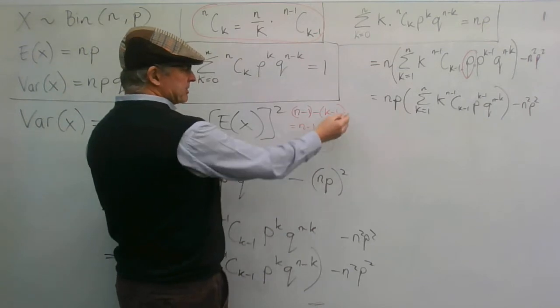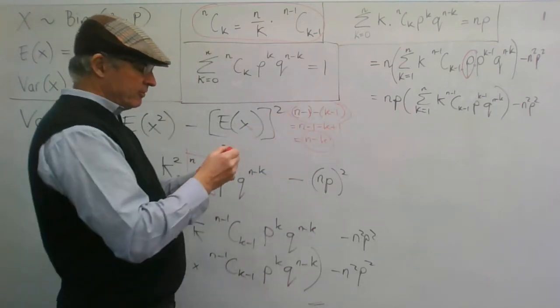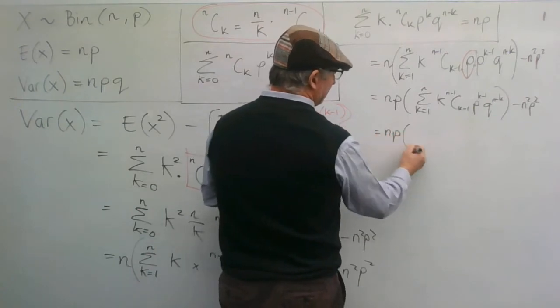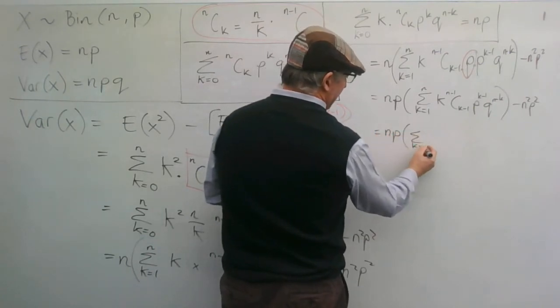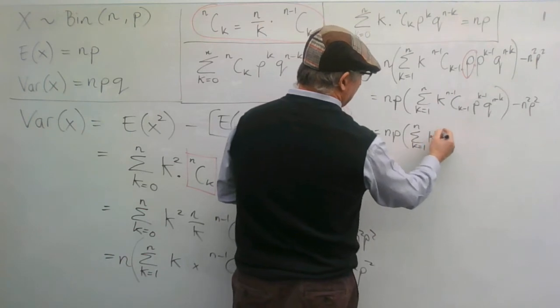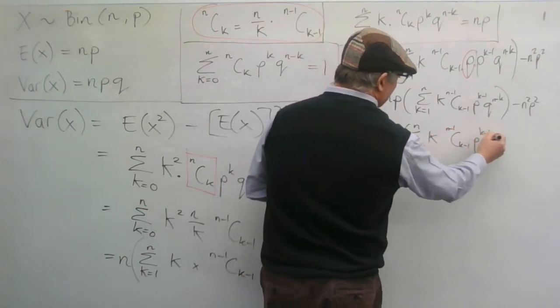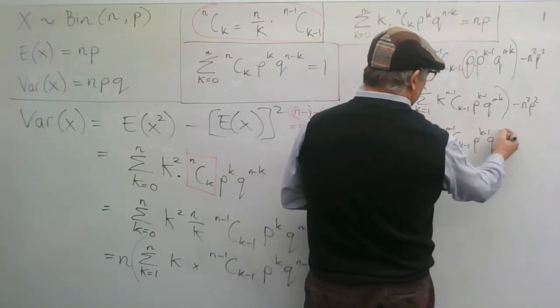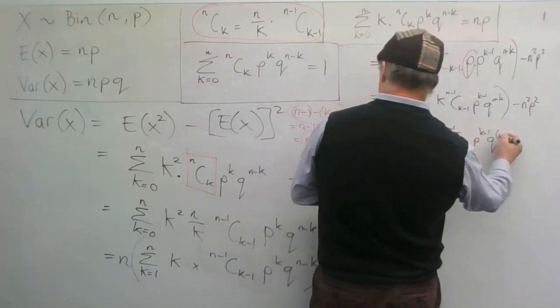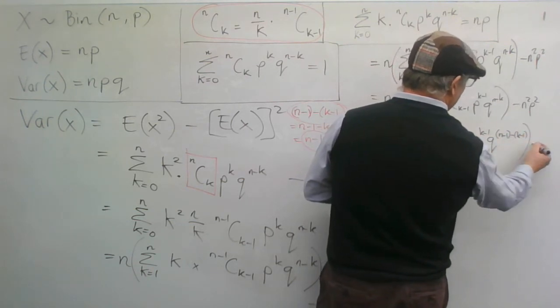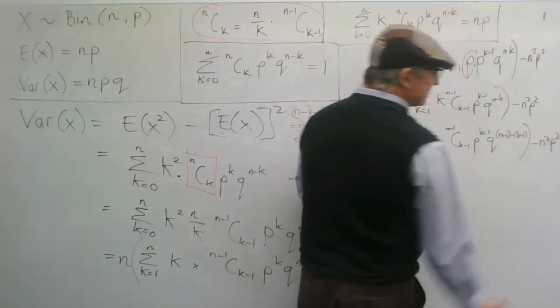So instead of n minus k, I'm going to write that for the q power. So np, sum from k equals 1 to n of k, n minus 1 choose k minus 1, p to the k minus 1, q to the n minus 1 minus k minus 1, and then minus n squared p squared stuck out the end there.